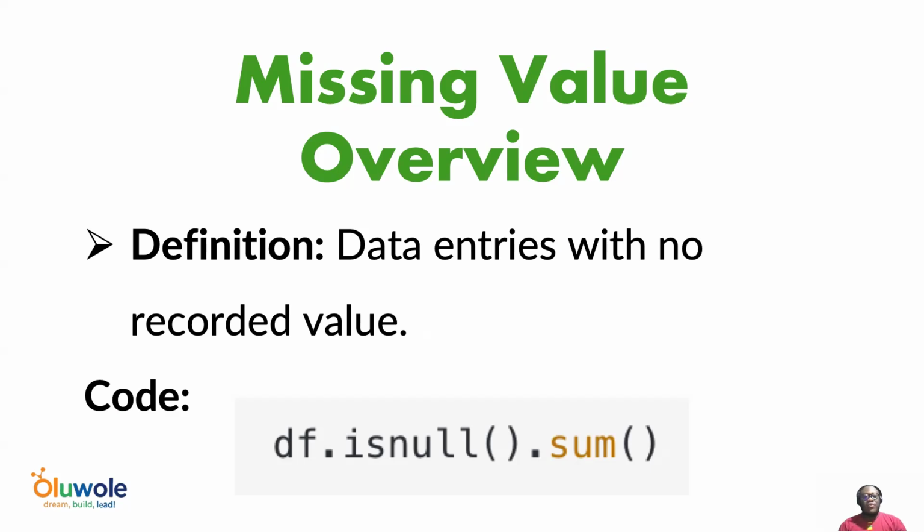It tells you how many rows and columns are without recorded values, so you know there's a missing value somewhere. Very necessary before you begin to do anything. Even before looking at whether the data is skewed, we must talk about missing values.